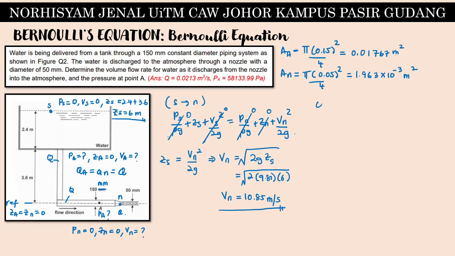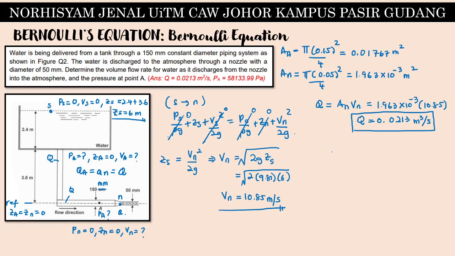Alright, so to find out Q for the question, Q is equal to AN times Vn, so equal to 1.963 times 10 to the power of negative 3 times 10.85. The Q should equal 0.0213 meter cube per second. So this is the answer for the first question. For Q, it's the same as the answer provided.